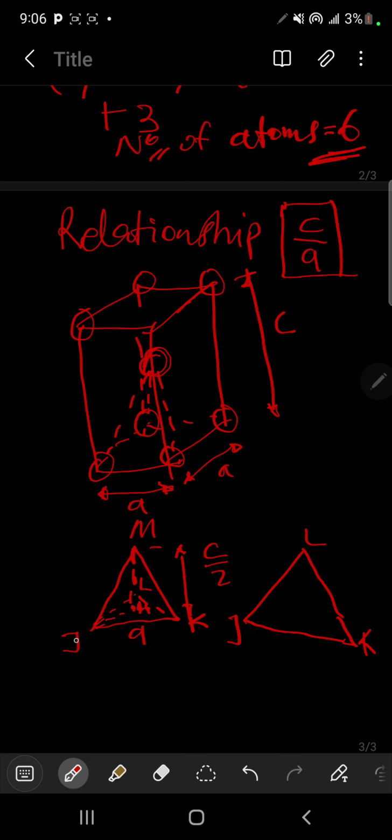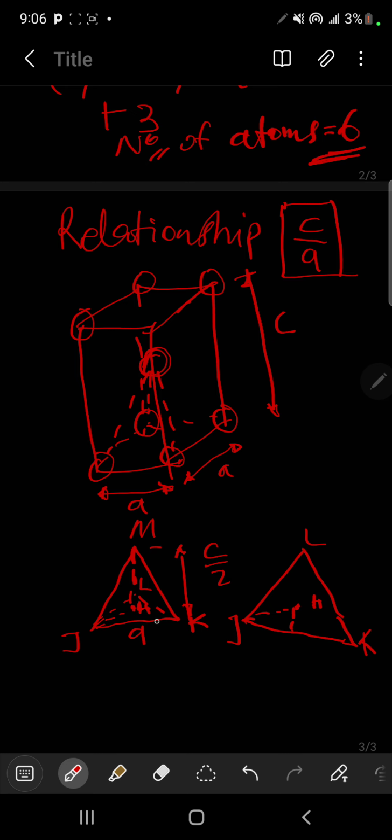We know that this section is just A, but then we want to locate this point H. This point H will be at the center there. Maybe we can connect this to J like this. Now we can drop this on the base of this JK, because we are about to determine the area of this section here.